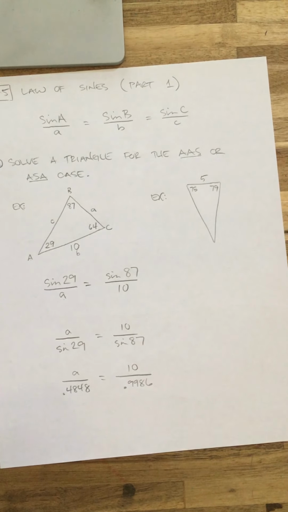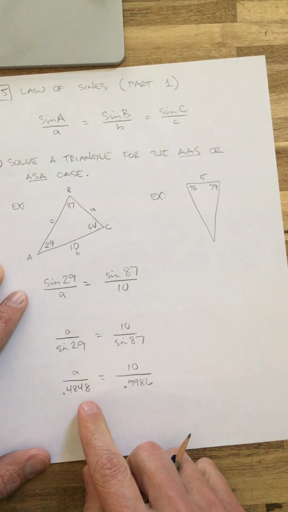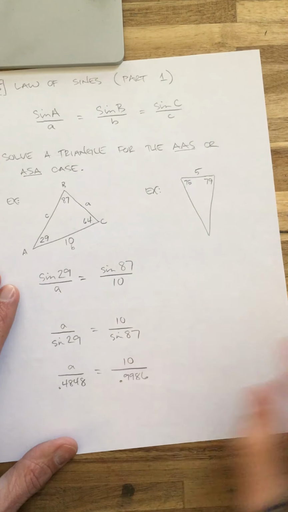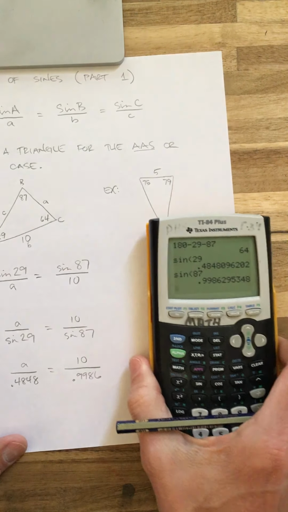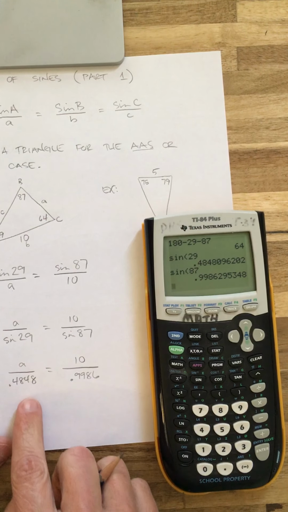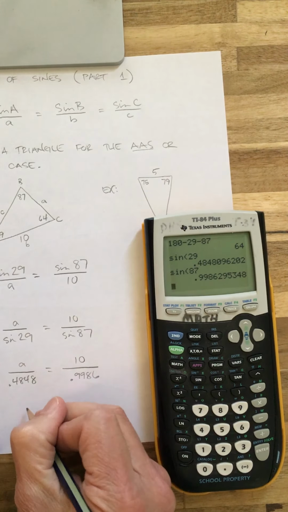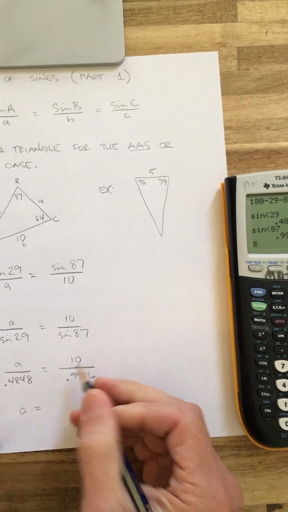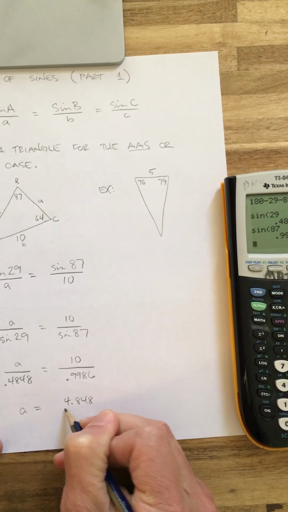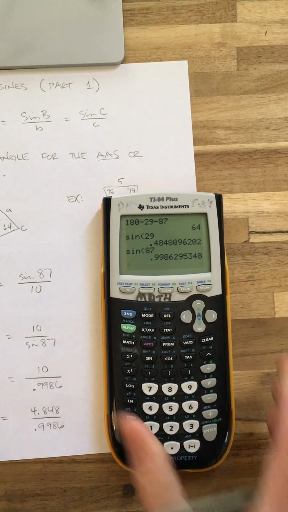So 0.9986, okay? And so now all we have to do to solve for A, we need to cross multiply, well, I'm just going to multiply this guy over to here, okay? So I could do that in my head. That's 10 times 0.4848, that's 4.848, right? So A equals 4.848 divided by 0.9986, okay? And then I'll just do that on my calculator, okay?